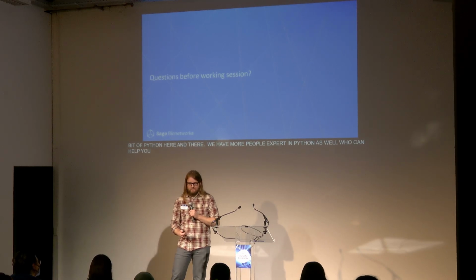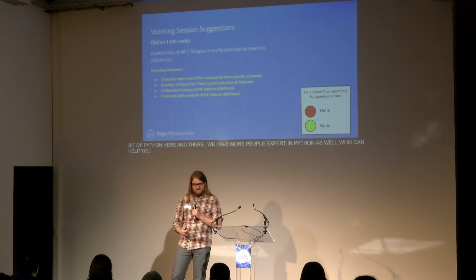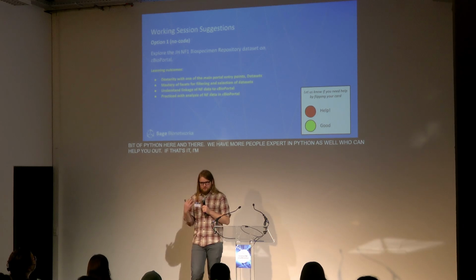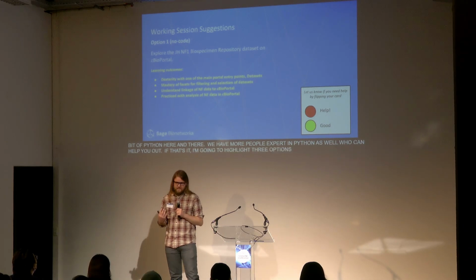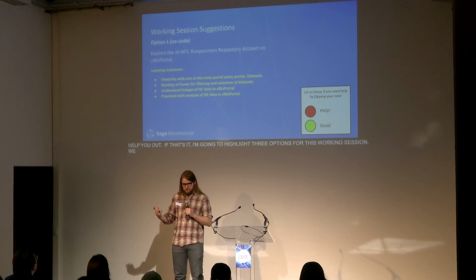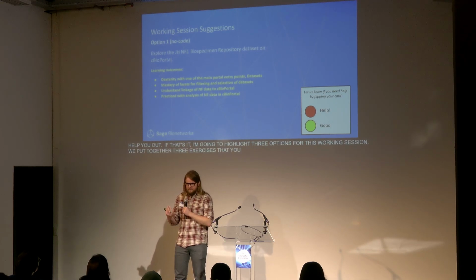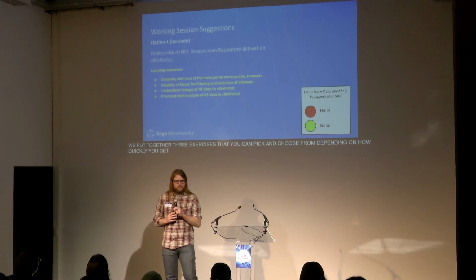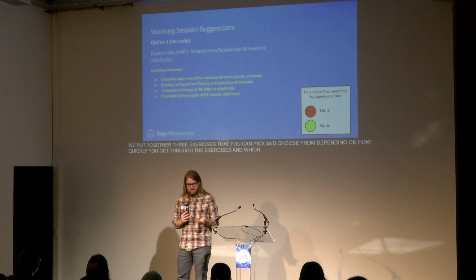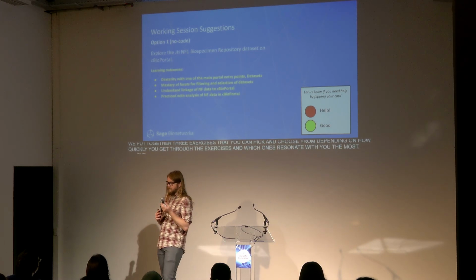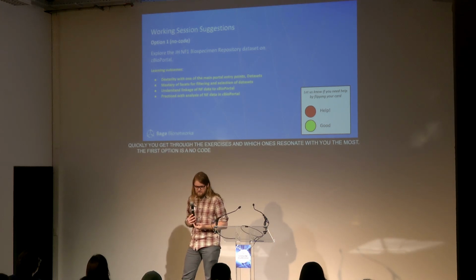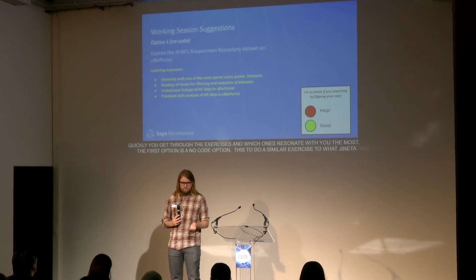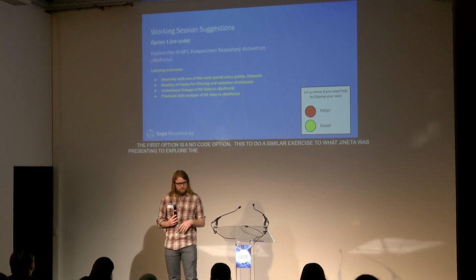All right. So if that's it, I'm going to highlight 3 options for this working session. We've put together 3 exercises that you can pick and choose from depending on how quickly you get through the exercises and which ones resonate with you the most. The first option is a no-code option, and this is to do a similar exercise to what Janita was presenting to explore the Johns Hopkins NF1 biospecimen repository data, but on cBioportal.